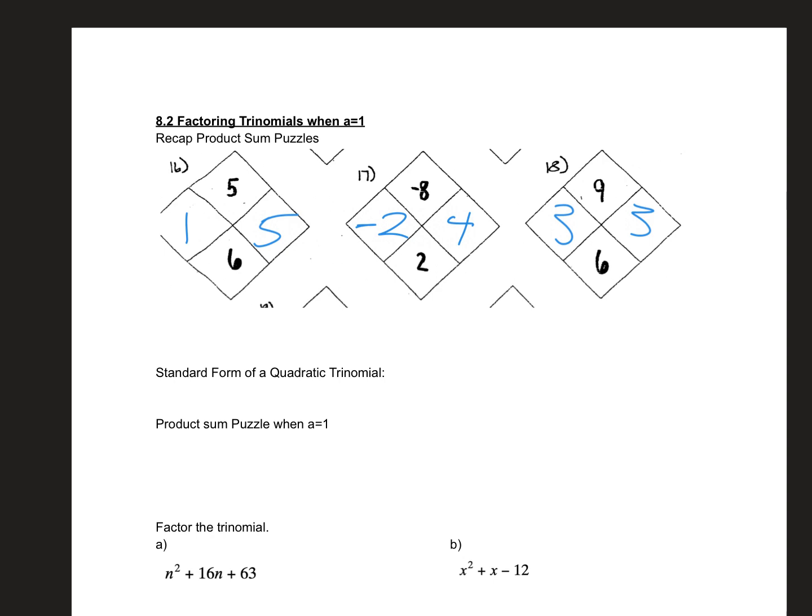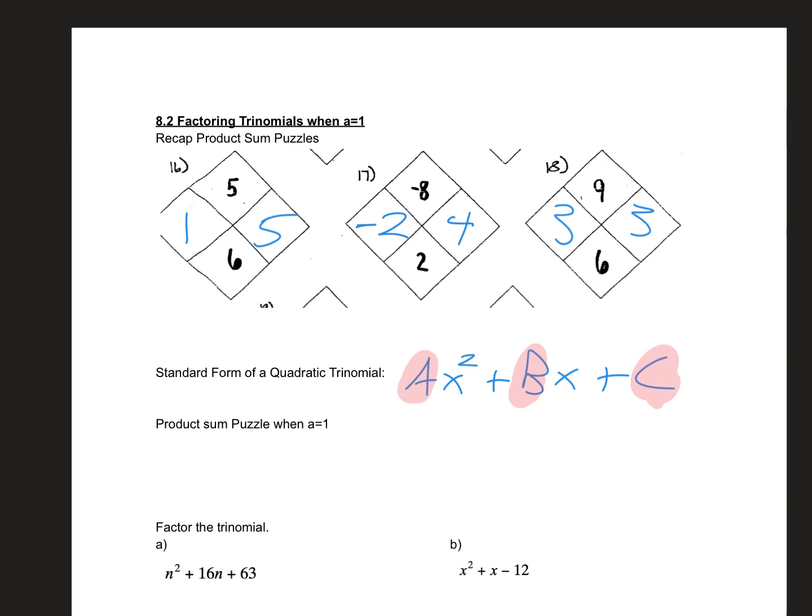Now, the standard form of a quadratic trinomial. There are a lot of fancy words, but basically our standard form looks like ax² plus bx plus c. I know these letters can get confusing. All this means is there will be some coefficient in front of x², some coefficient in front of x, and then some number here.